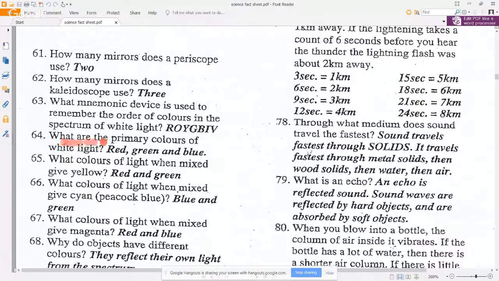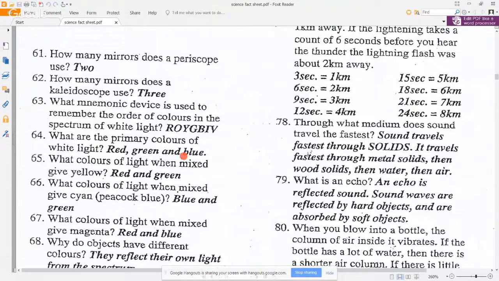64. What are the primary colors of white light? Colors of light. Remember, Roy G. Biv. Once you do it like that, you won't forget it. So when we're talking about light, remember Roy, red, G, green, Biv, blue.